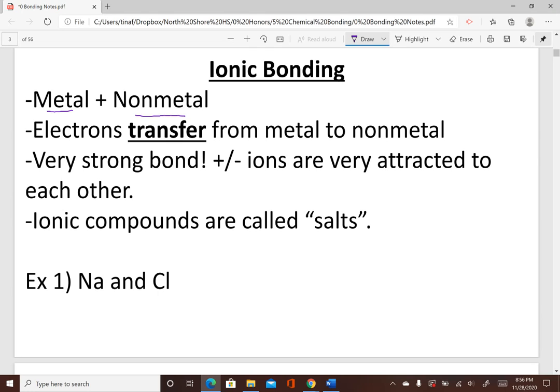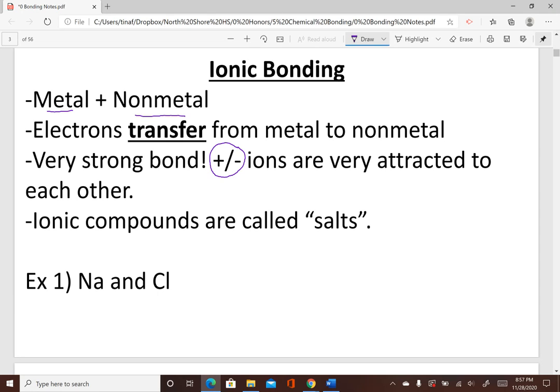So again, guys, this is something we've already talked about. We know that metals like to lose electrons and become positive ions to get stable. And we know that nonmetals like to gain them to get stable, and they become negative ions. So these positive and negative ions that are going to be created are very attracted to each other.